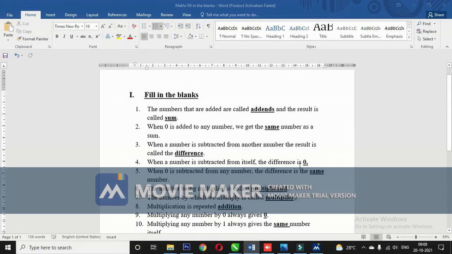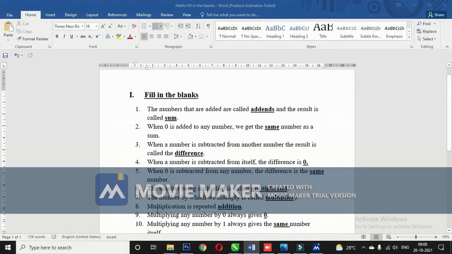That means if the number 5 is subtracted from itself, 5 minus 5, the answer is 0. If we subtract the same number, we get 0 as the answer.